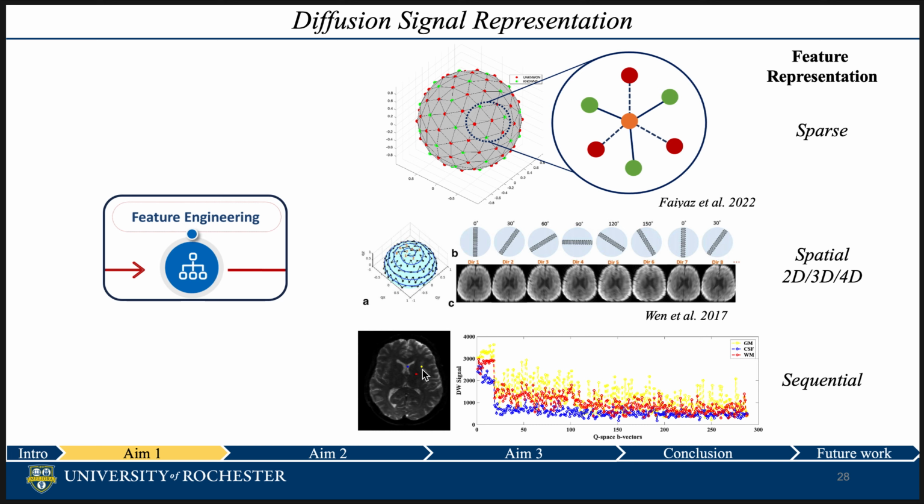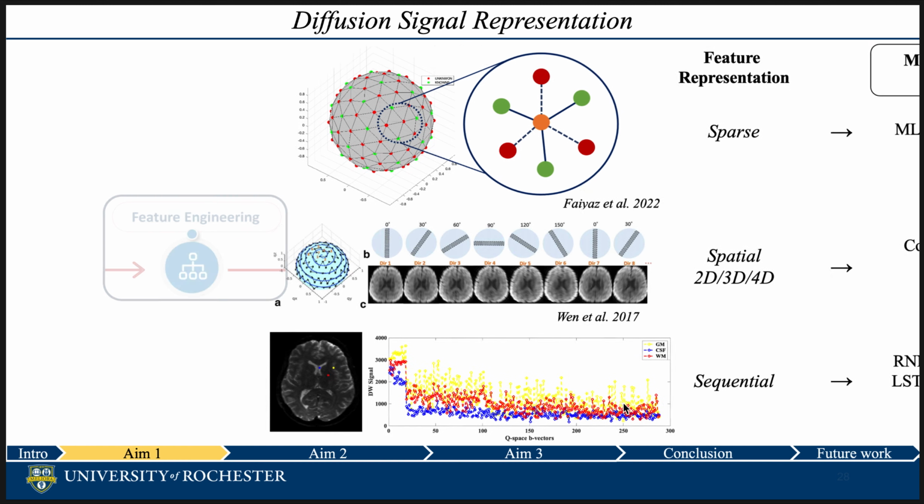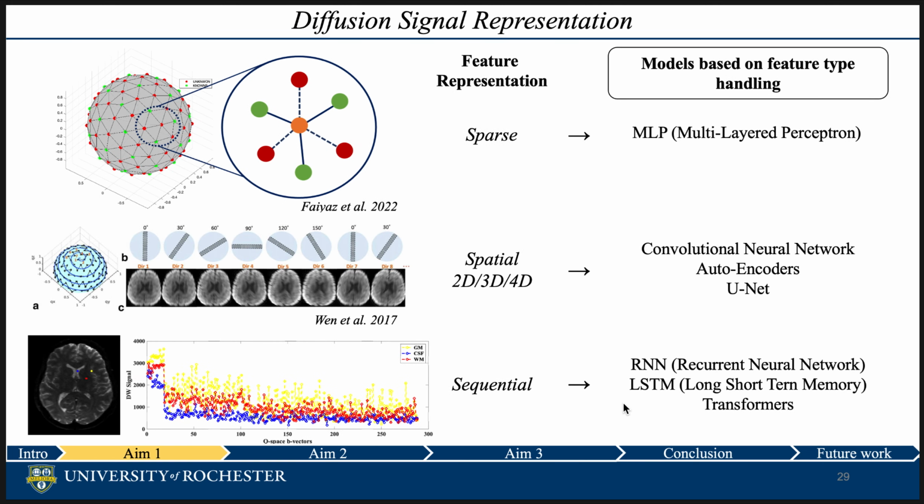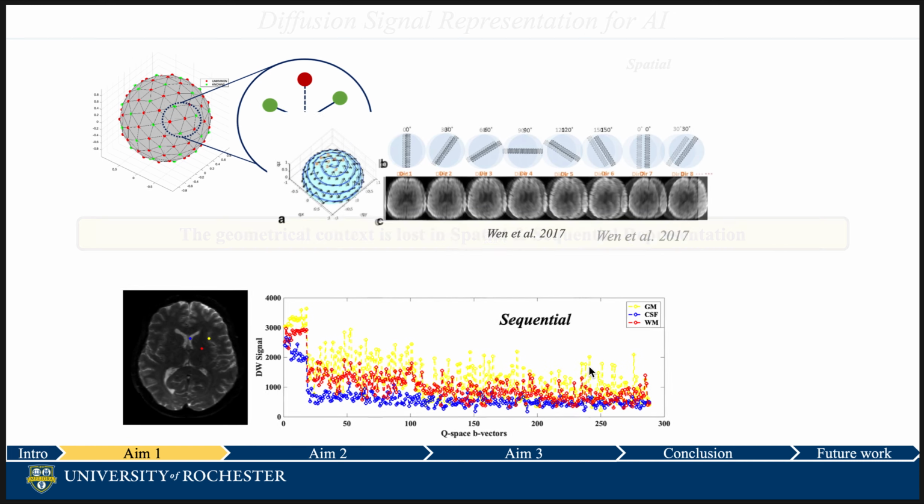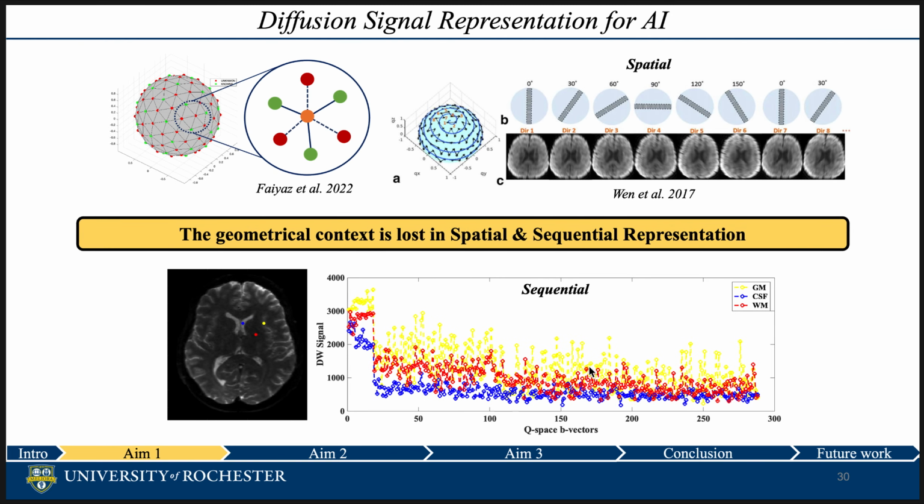Or we could say that we have one voxel and take a 1D diffusion signal based on the protocol from the Q space. One thing we noticed is that when we select our feature, these different kinds of models come into play, and we can use these specialized methods to handle this specific type of feature. One important thing to note is that the geometrical context is actually lost in the spatial and sequential representation.